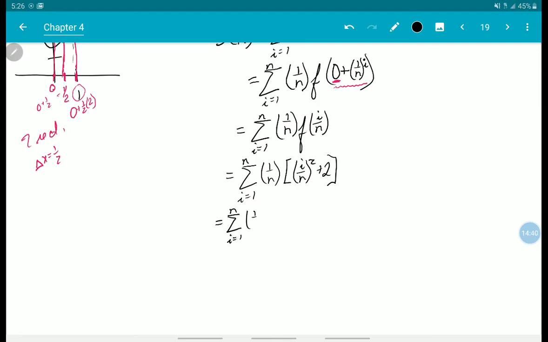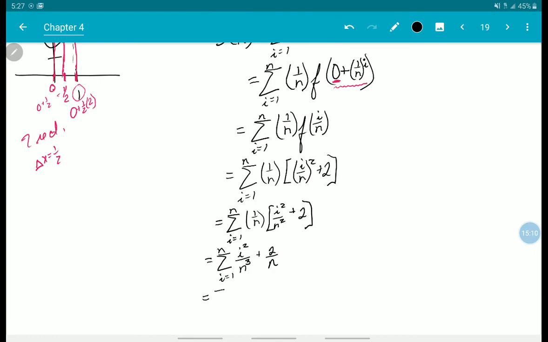So we have 1 over n here. This is i squared over n squared plus 2. And then I'm going to distribute this to everything in here. So we have i squared over n cubed plus 2 over n.